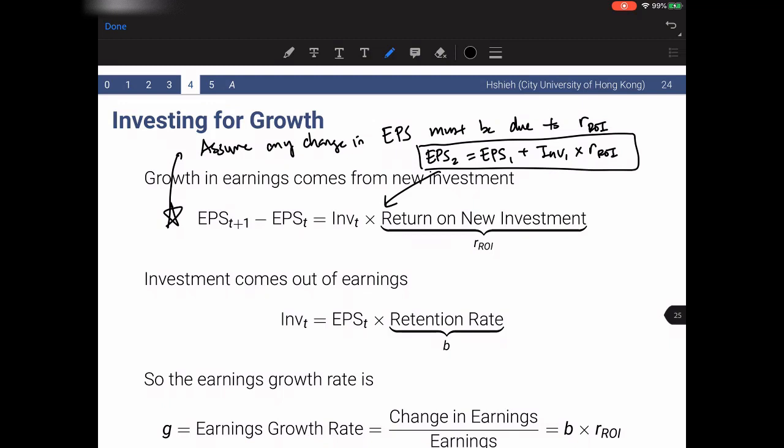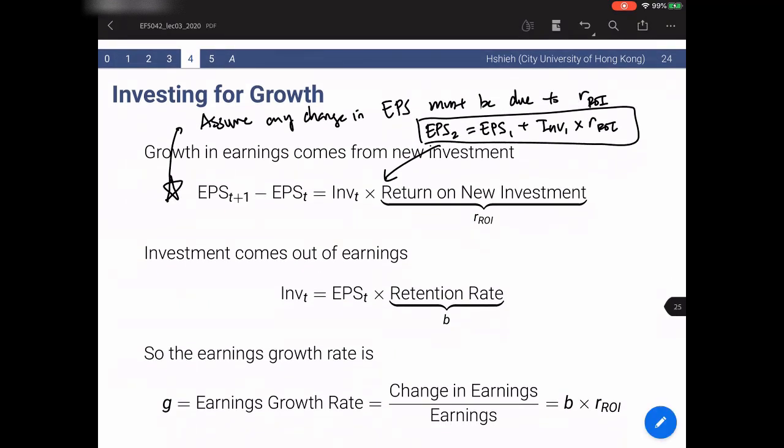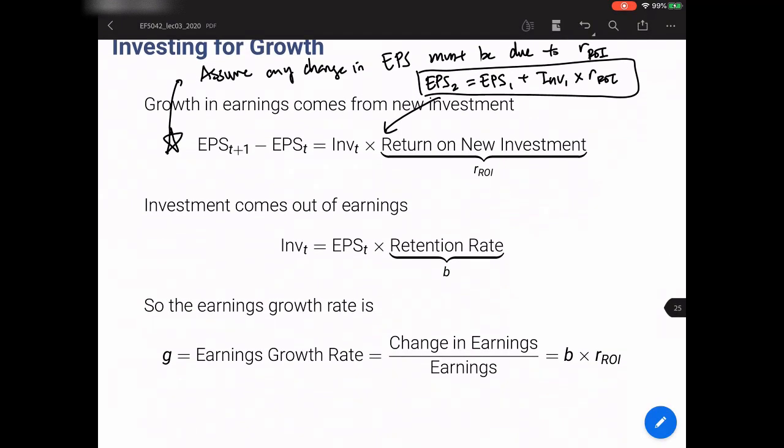I'm simply moving EPS1 from the right-hand side to the left-hand side. And that's how we get a difference between EPS t plus 1 minus EPS t. All we're left with on the left-hand side is just investments or retained earnings times return on new investments, or ROI.